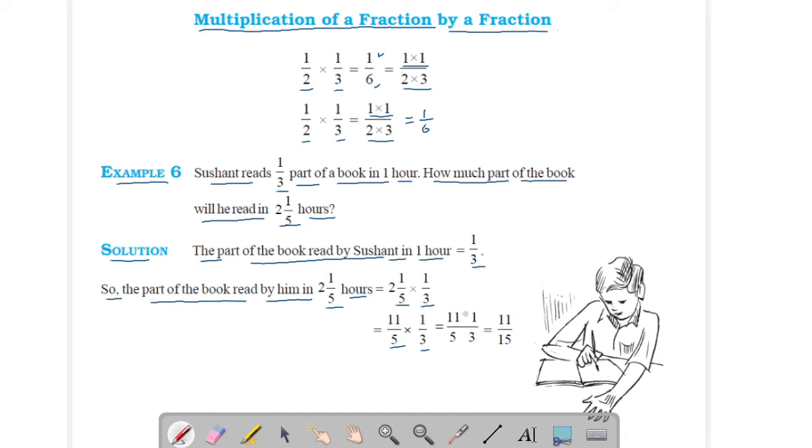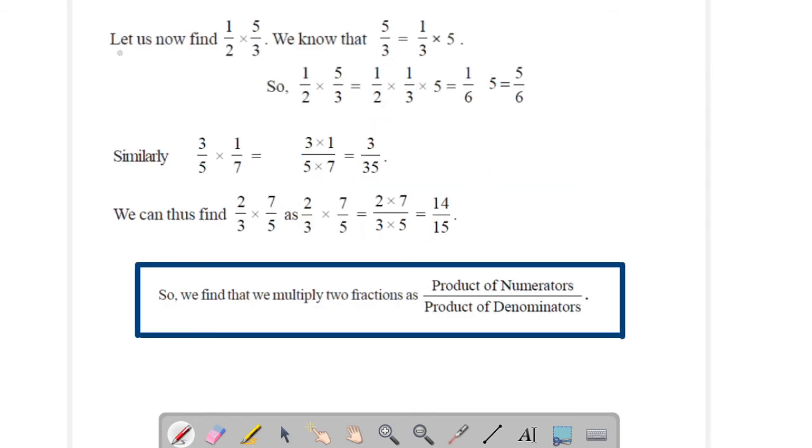That is 11 into 1 upon 5 into 3. You will get 11 ones are 11 and 5 threes are 15. You will get 11 upon 15. This is your answer.